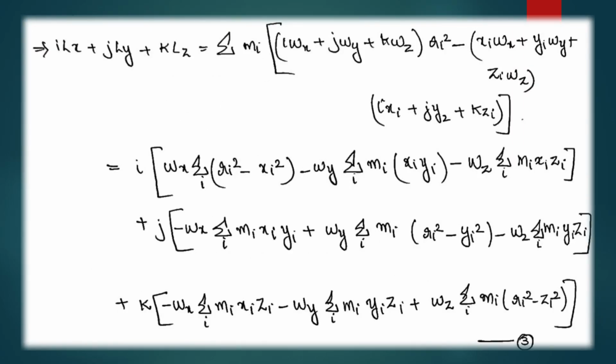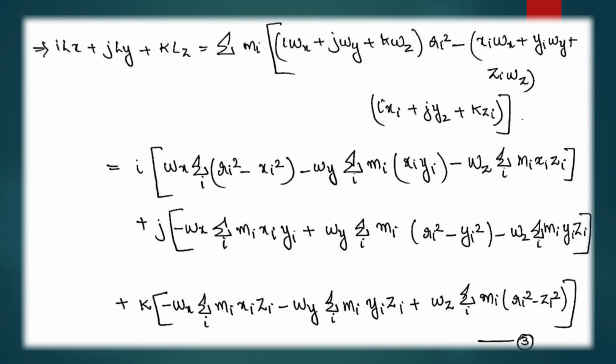i Lx plus j Ly plus k Lz, which is equal to summation of mi into (i omega x plus j omega y plus k omega z) into Ri square, minus (xi omega x plus yi omega y plus zi omega z) into (i xi plus j yi plus k zi).